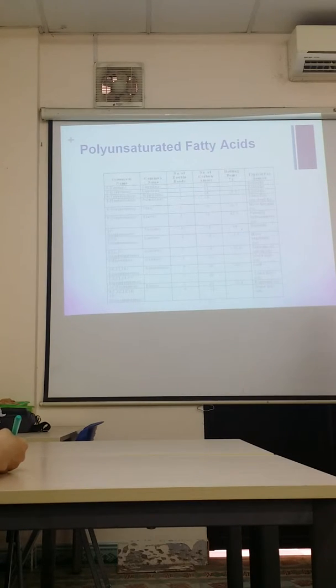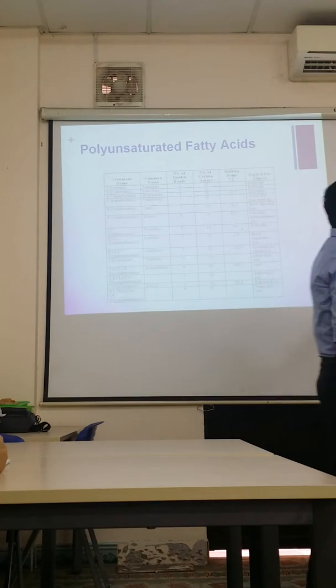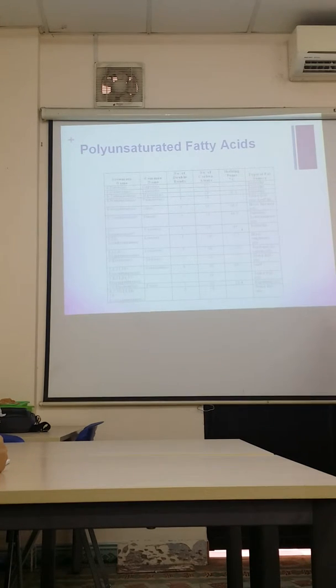So what I want to show here is that when I say fatty acid is very important, if you take a look at this physical property, these are physical properties. No double bond, melting point 70. A single double bond drops it to 16.3.